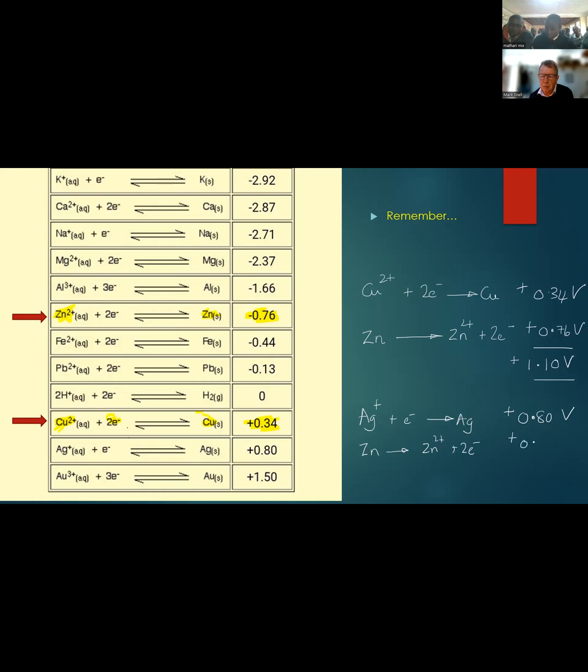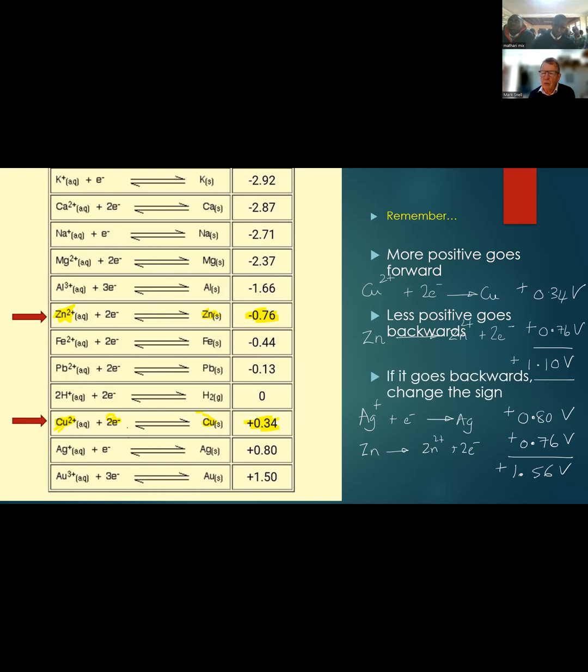So it's positive 0.76 volts. This makes 1.56 volts positive. This is how we work out what a battery will produce in voltage, by pairing up the metals. More positive goes forward, less positive goes backwards. If it goes backwards, change the sign, add them up.